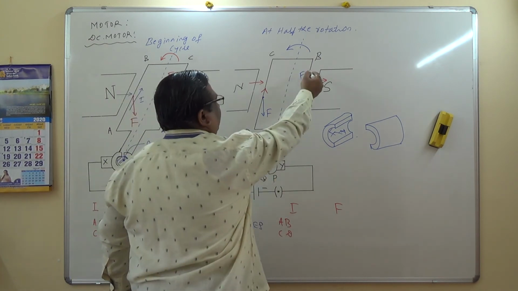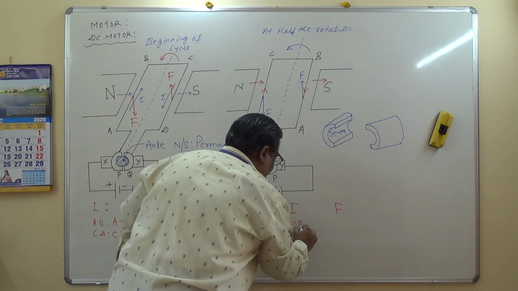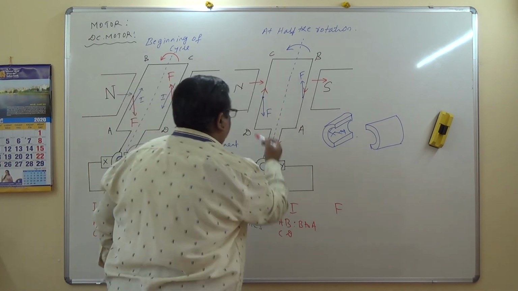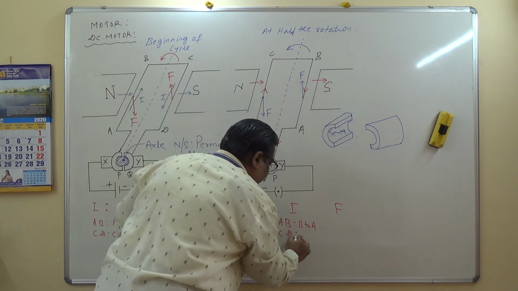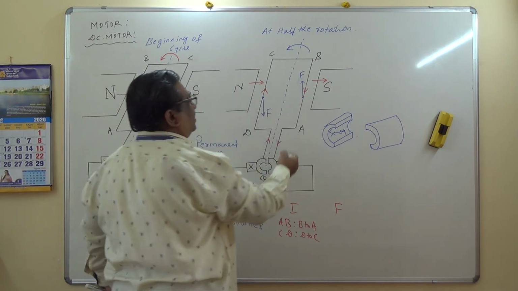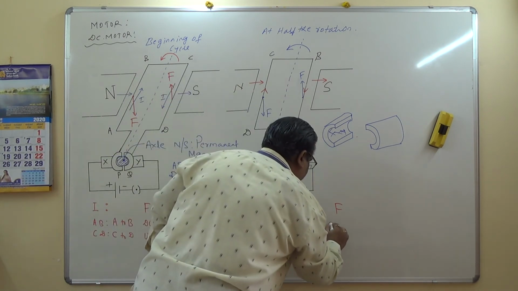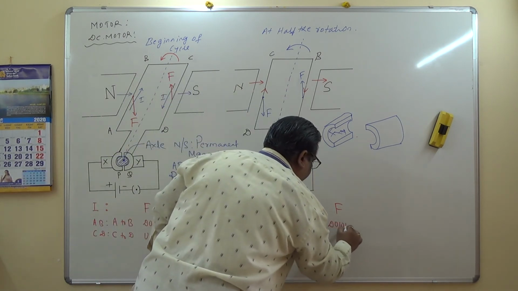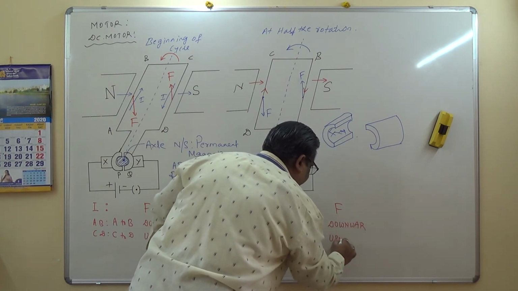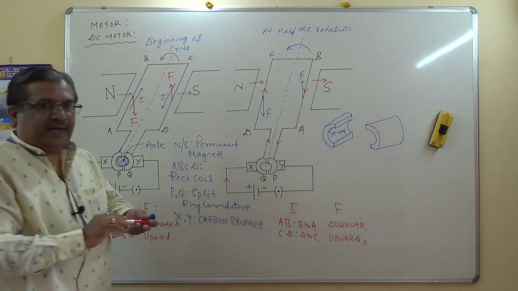In AB, current flows from B to A. In CD, current flows from D to C. Force experienced in arm CD is downward. And this is upward. Why am I comparing?